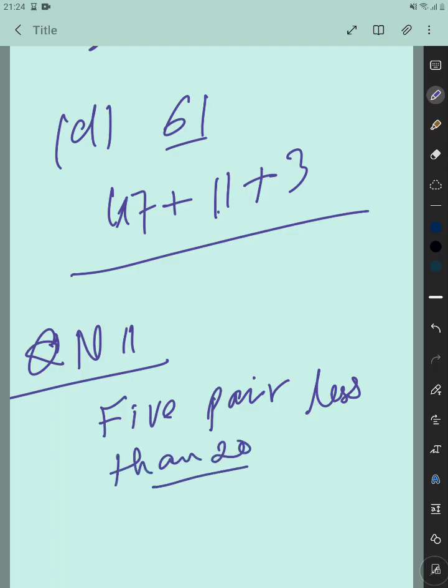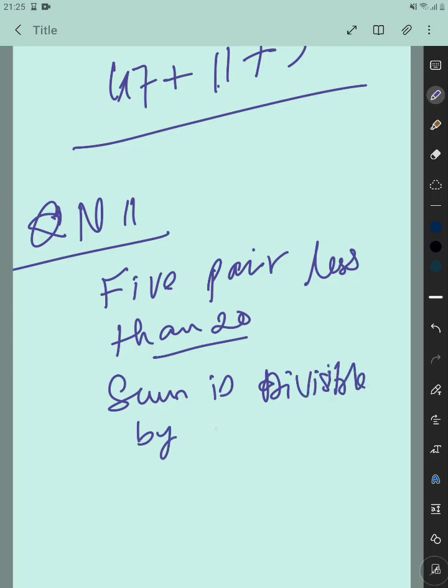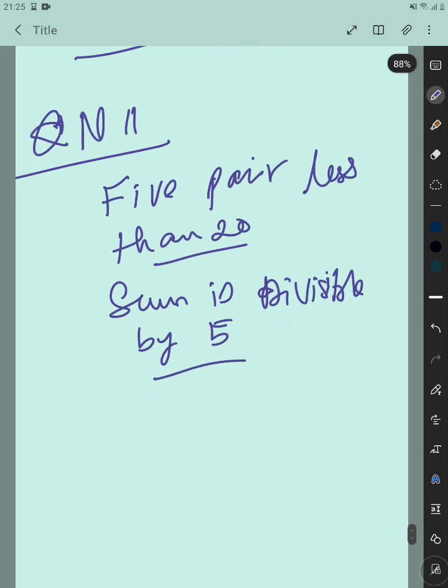The sum must be divisible by 5. It means the unit digit of the sum will be 5 or 0. Only then can it be divisible by 5.